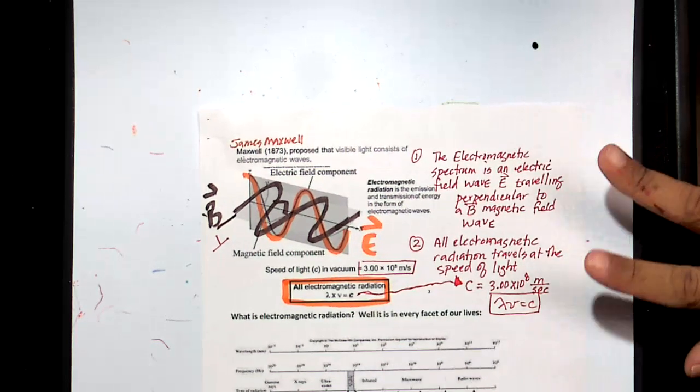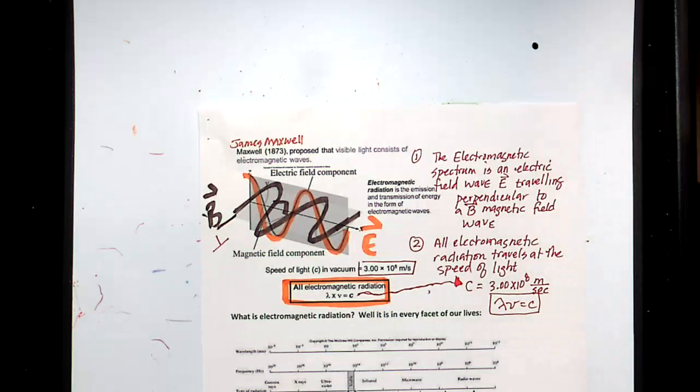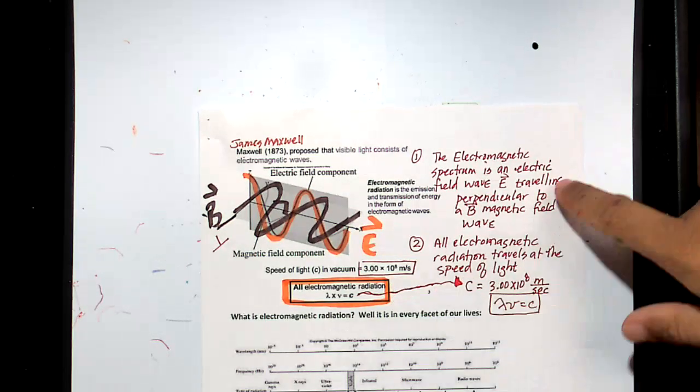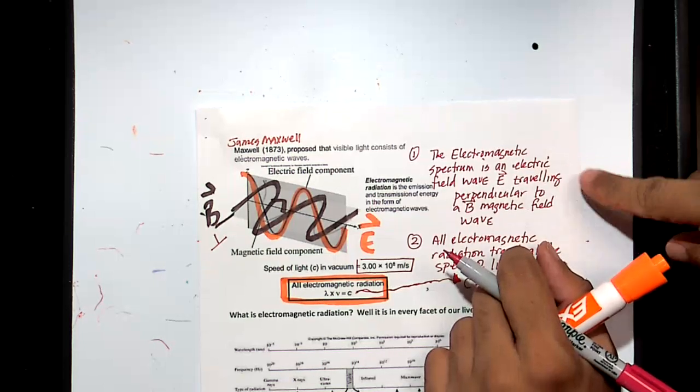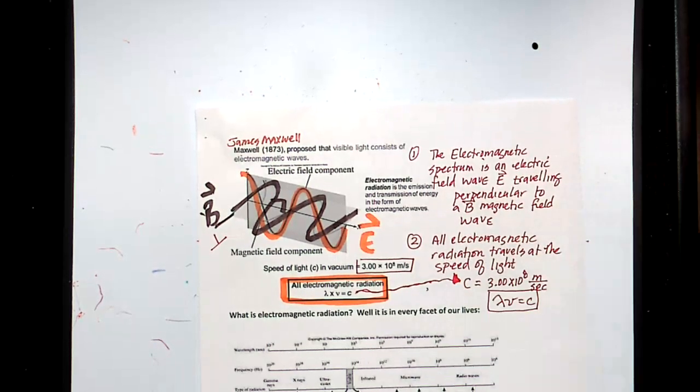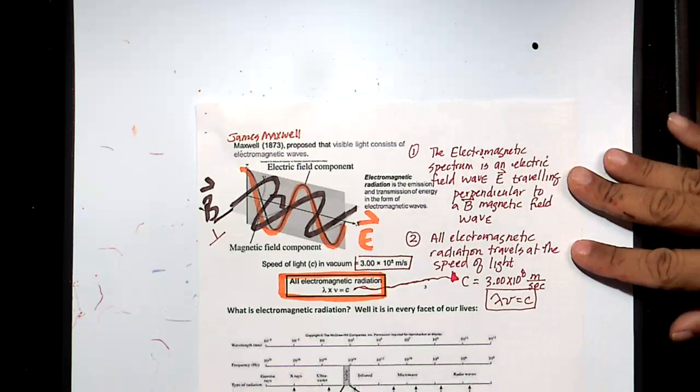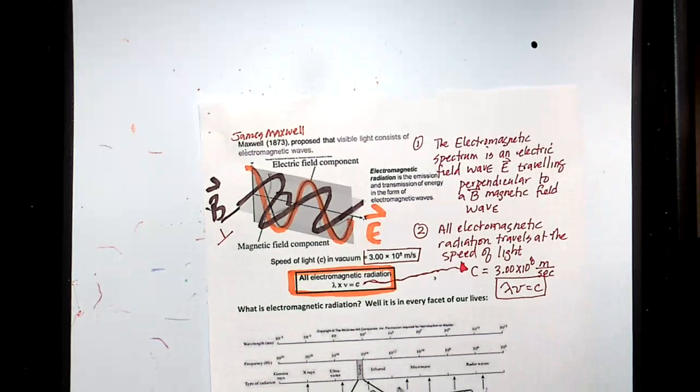Good short answer, good true false, multiple choice, whatever. You need to recognize that it's the electric field and magnetic field traveling perpendicular to each other. You'll probably get more of this in physics class, but that's what this is.